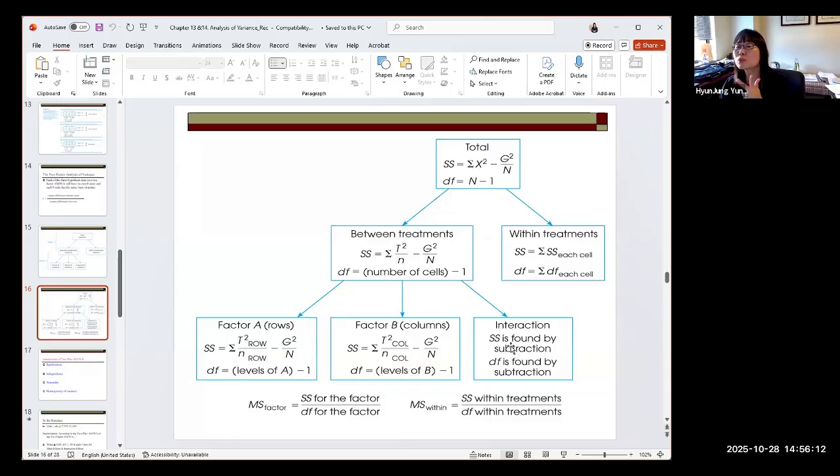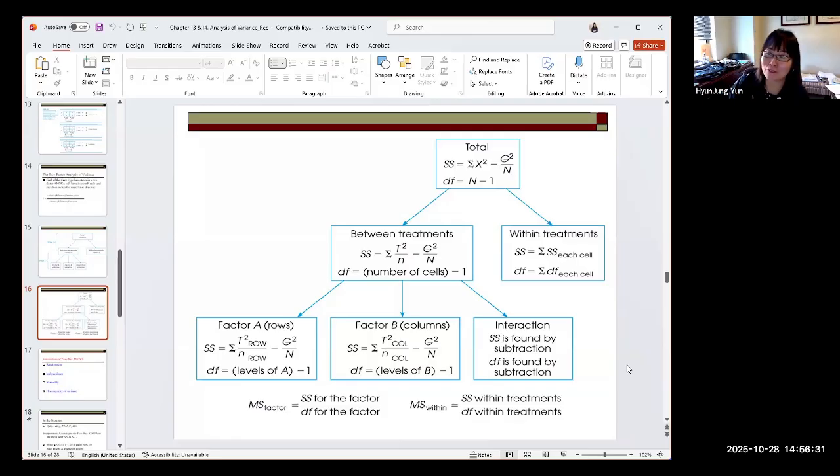If you have three independent variables, then it's the total cell number minus 1, and you subtract the degrees of freedom for the first, second, and third variables.